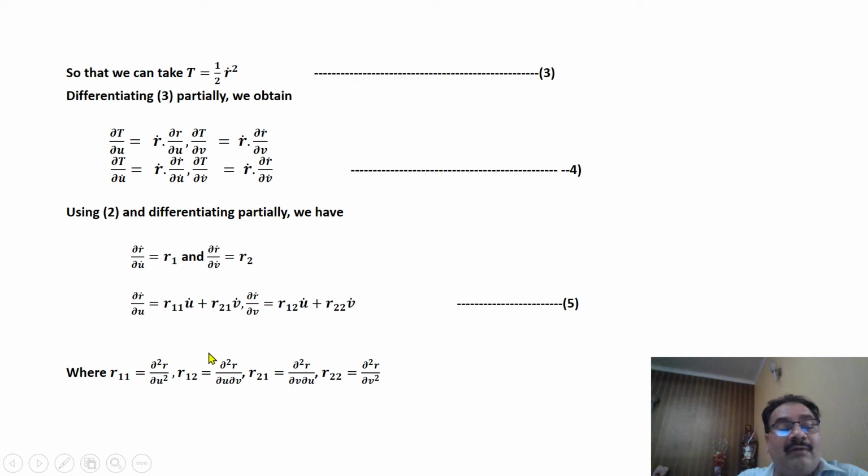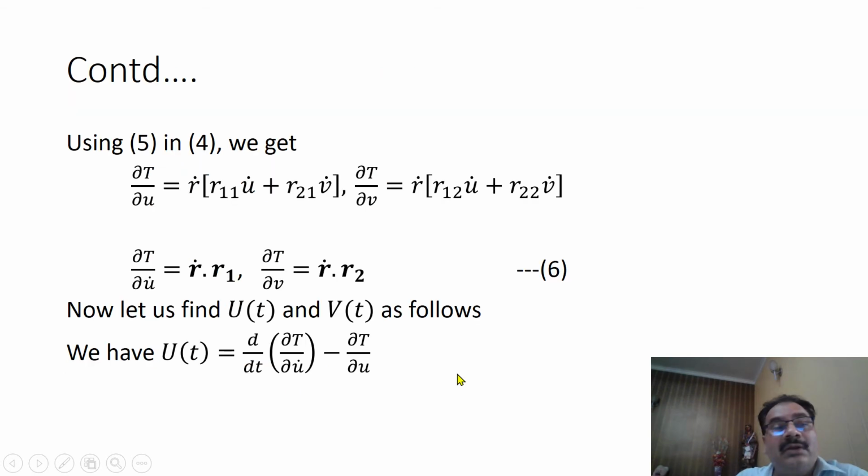Here the meaning of r11 you already know, but for simplicity it is written ∂²r/∂u², r12 is ∂²r/∂u∂v, r21 is ∂²r/∂v∂u, and r22 is ∂²r/∂v². So this is a second order partial derivative.